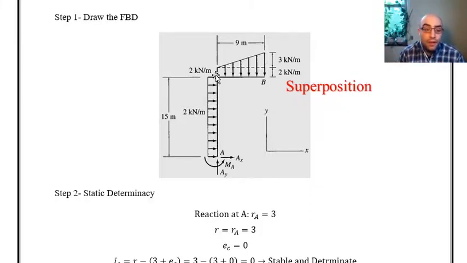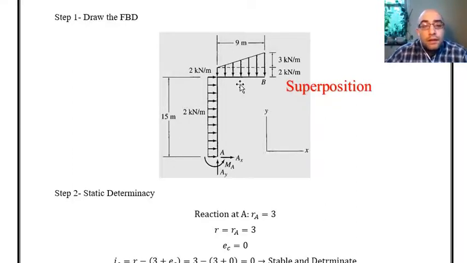Of course, there is a very basic assumption behind this theory, and that is linear behavior of structures. The discussions and the details about this theory are not part of this course, but I just wanted to give you the name of this approach that I'm using in this example. Instead of having this total trapezoid, I'm going to consider a rectangle and a triangle on top of it in terms of the loadings that we have on this frame.